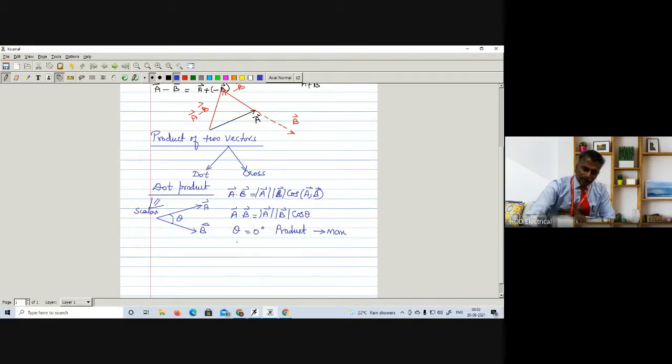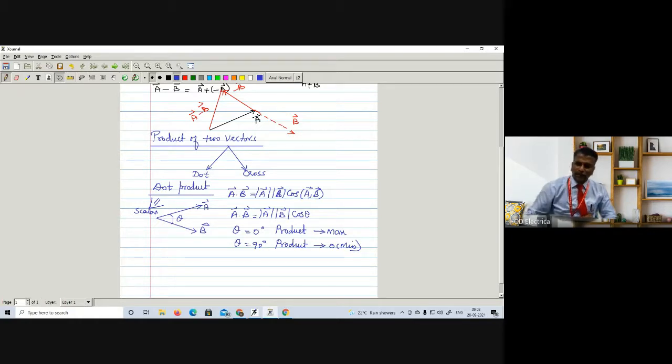Whenever theta equals 90 degrees, the product will be minimum. The dot product will be 0. So if you want to know an application where these two vectors are changing with respect to theta, we can use this dot product.